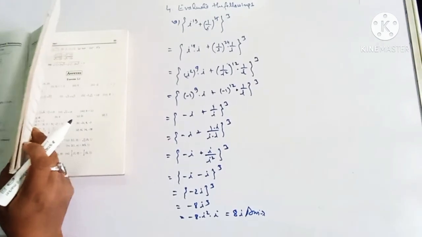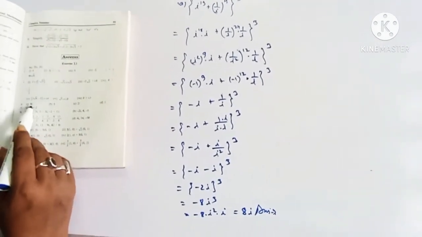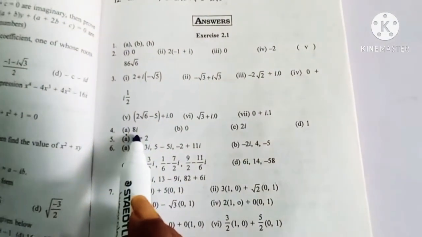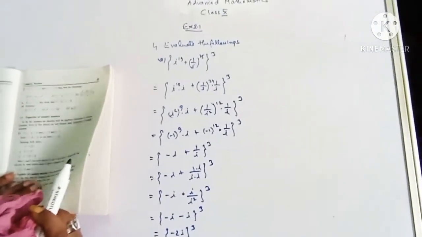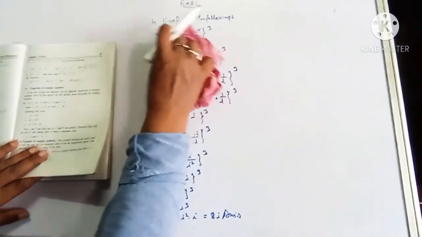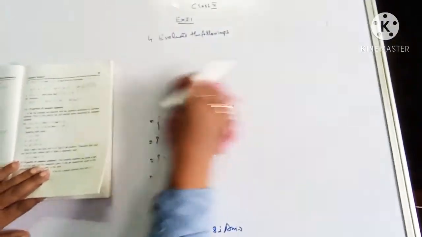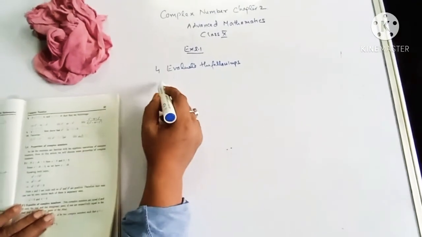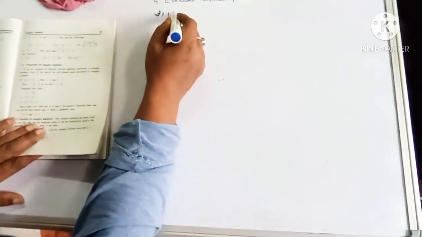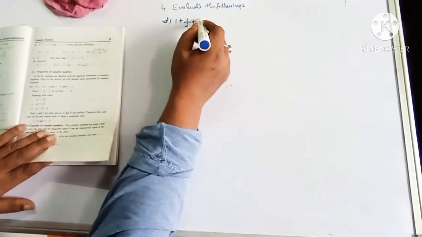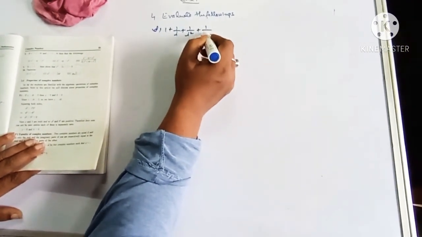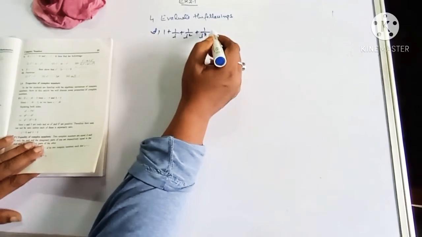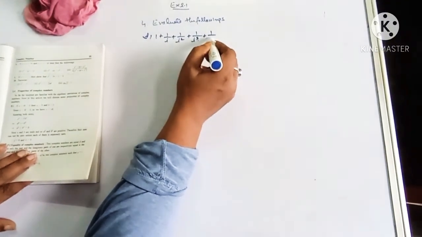That is question number 4 first. See, this is minus 8i. Now again I am going to solve another question. The question is D, 1 plus 1 by i plus 1 by i square plus 1 by i cube plus 1 by i4.